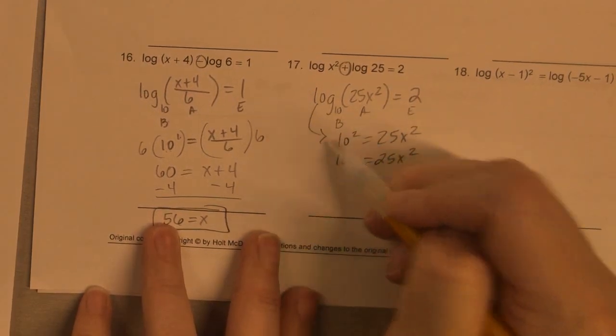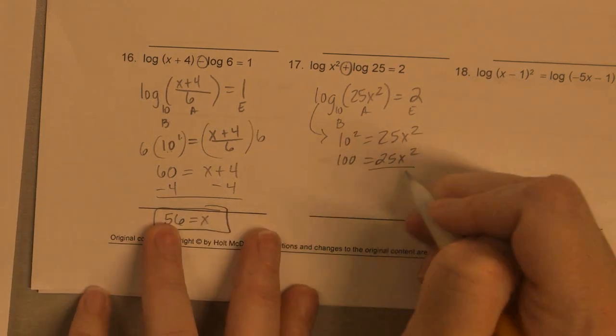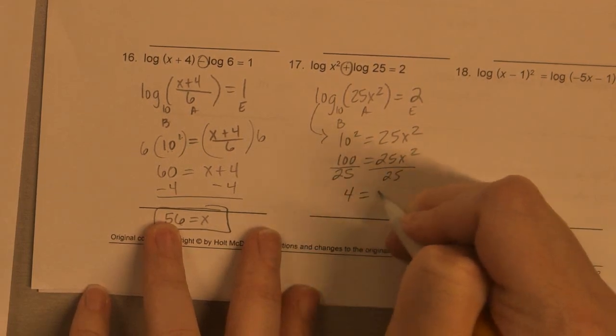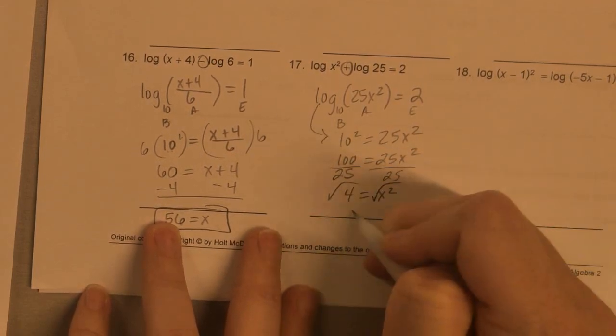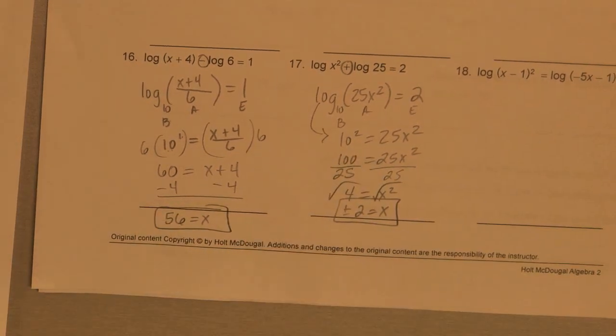Anytime you have just a single log means you're going to rewrite it in exponential form. So we're using that definition over and over again. So we're dividing by 25 to get 4. And then because we have the plus or minus here, we're going to have to check them both.